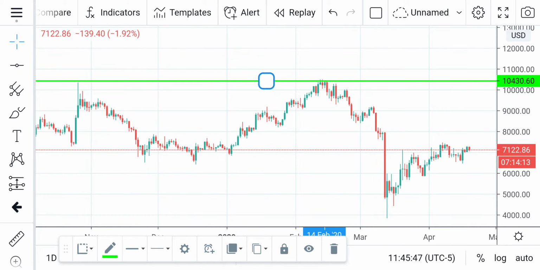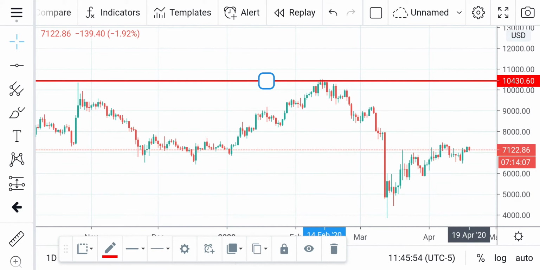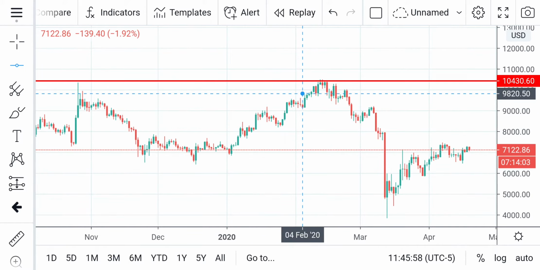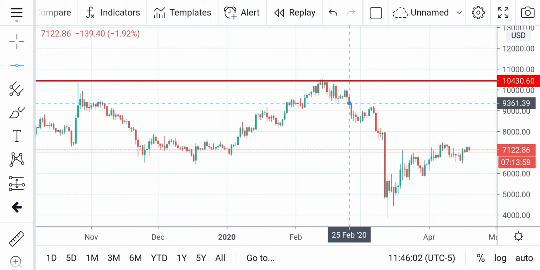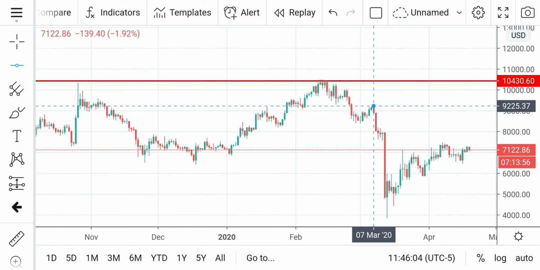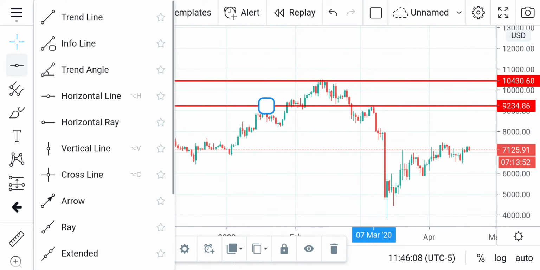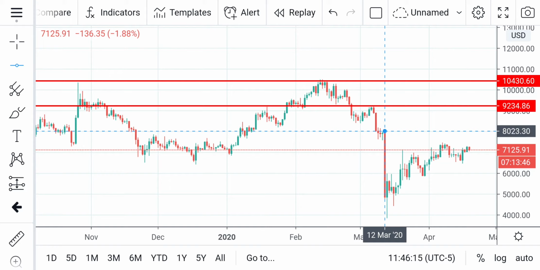You can indicate it with red color, or any color you want, whatever color you like. You can see over here we have another level too. That's another line. Over here you have another level.